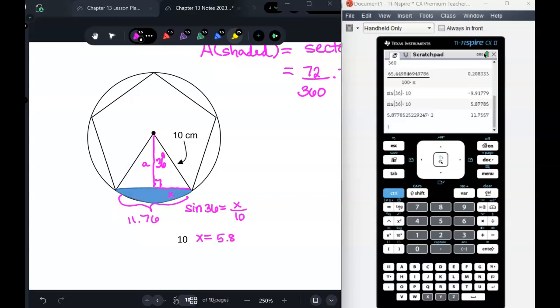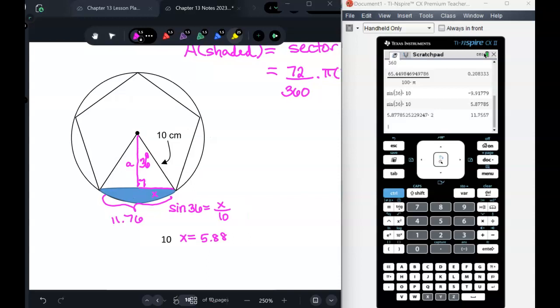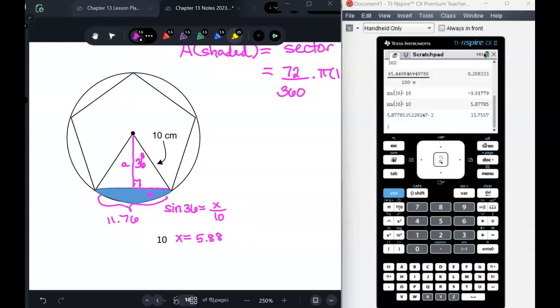So don't you want to multiply that by 3 to find the perimeter? Well, we don't have to. Okay, listen. Oh, right, base times height. I could just do base times height divided by 2, but I don't know what the height is. So I could either do the Pythagorean theorem or I could just do cosine. So if I do cosine of 36 equals a over 10.